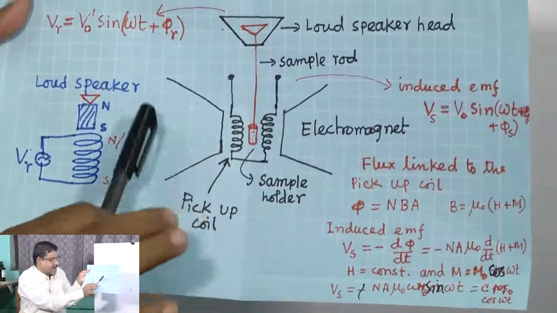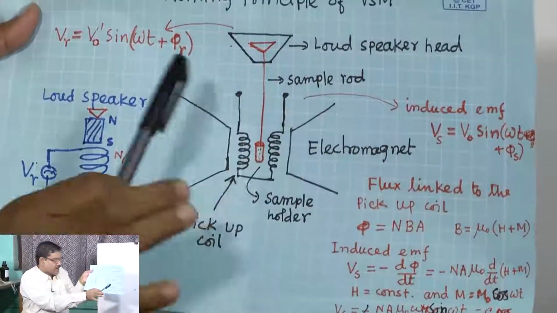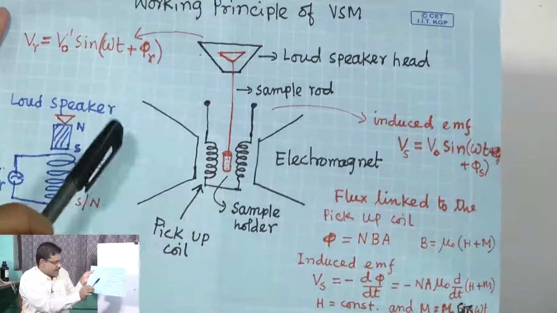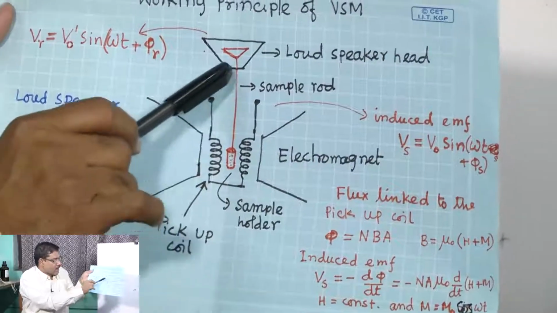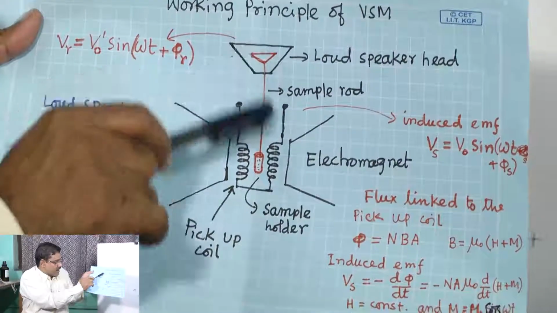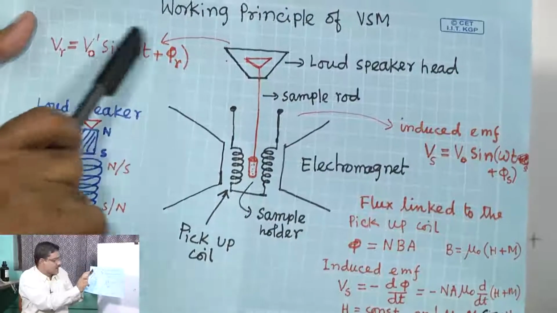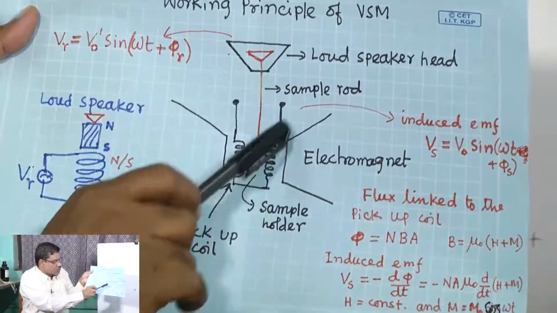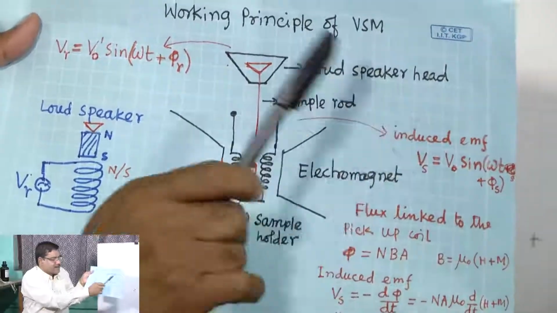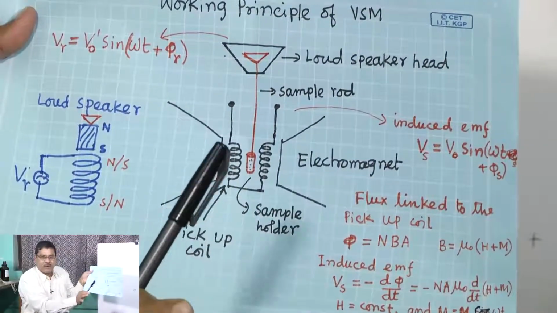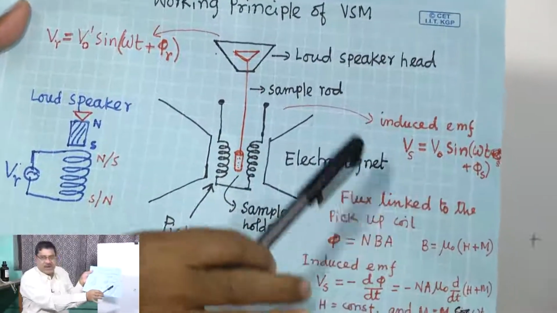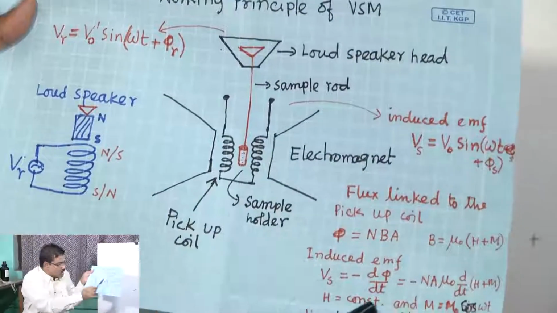First we have to calibrate the electromagnet using the Gauss meter, that is the first work, and then secondly we have to vibrate this sample using the loudspeaker, and corresponding induced AC signal we will get, and that AC signal we have to measure.